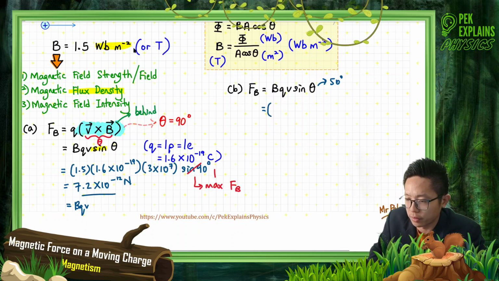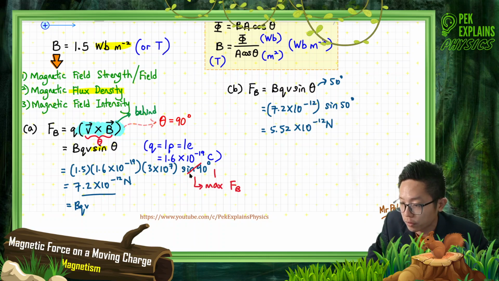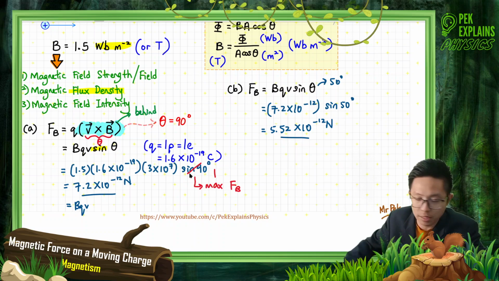We do not need to substitute the others, because sine 90 is equal to 1. So just multiply by sine 50. Give me the answer. It is 5.52 × 10^-12 Newton. Just the magnitude.